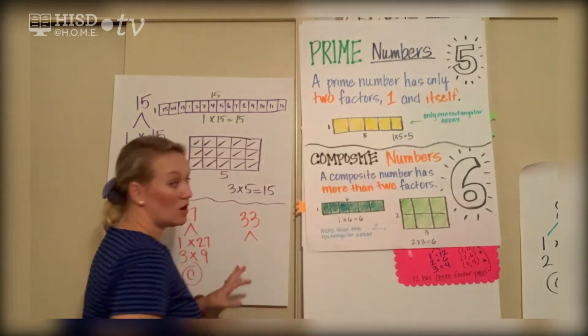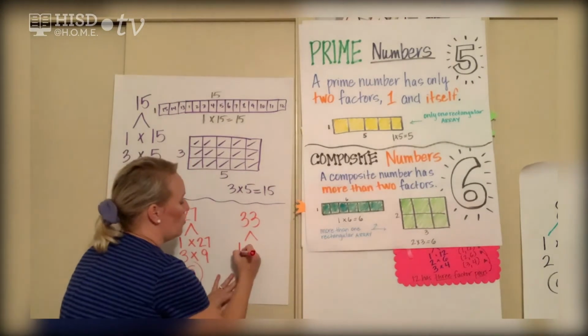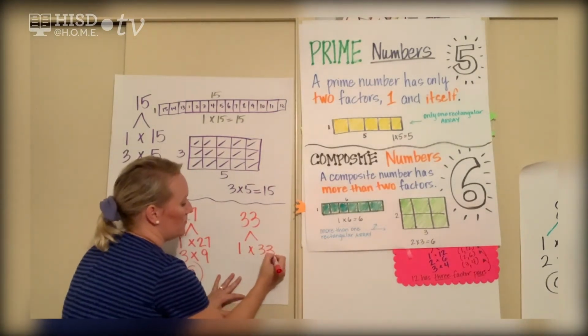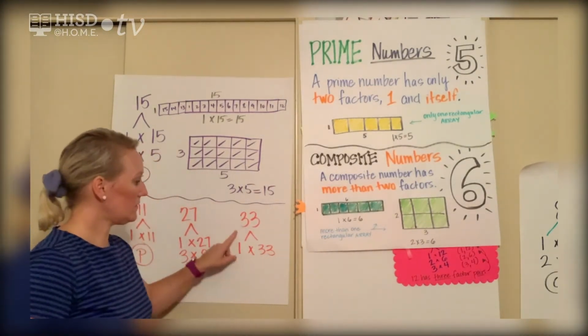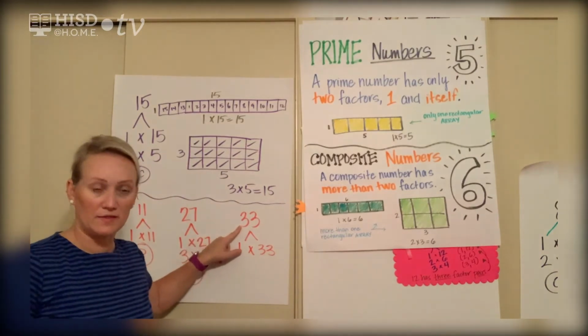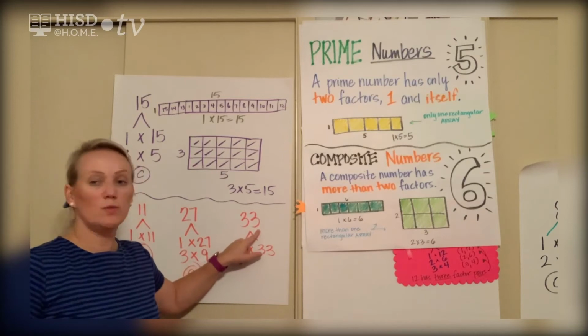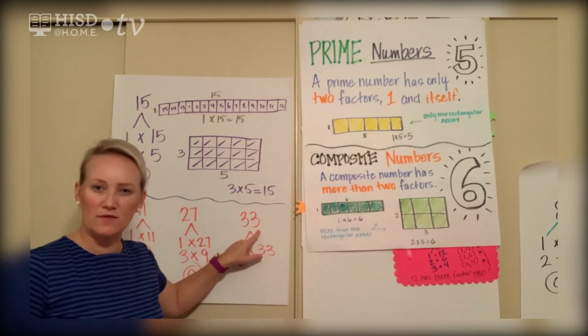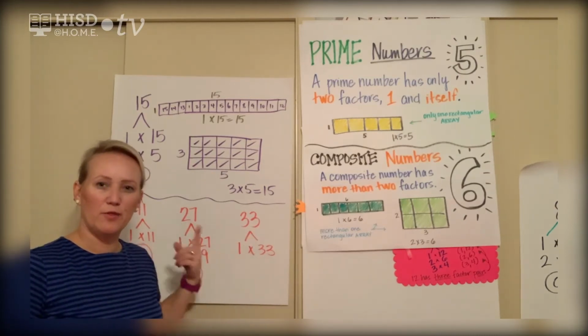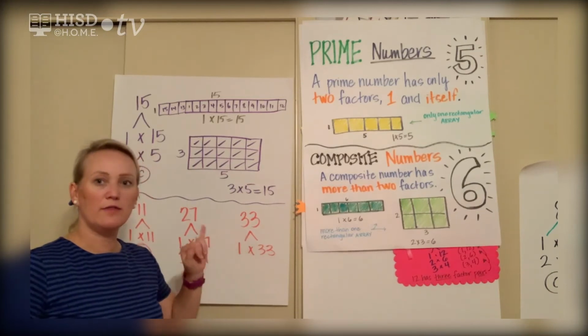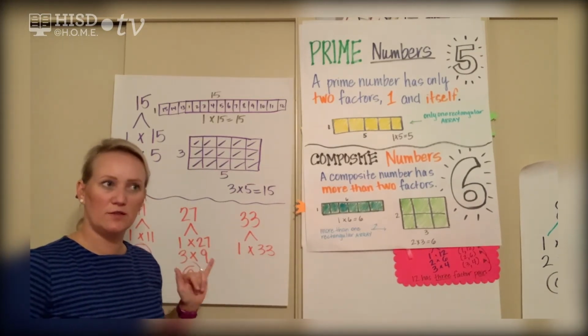So, as always, start with your regular 1 times 33. That's the easy one. Now, I'm going to look at 33 and think about this for a second. I know I can't have a multiple of 2 because it's not an even number. So how about 3? Can I multiply 3 times something to get to 33?